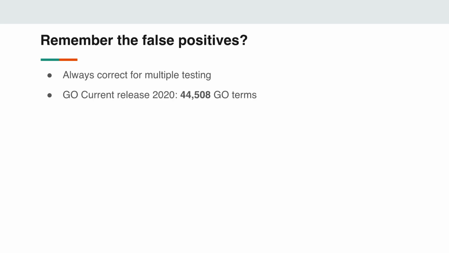So with the gene ontology database, for example, the current release includes 44,508 GO terms, and that is how many tests you're performing if you're comparing your one gene set to each of these pathways to detect any significant overlap. So don't forget that you should always do your thresholds on the adjusted p-values to avoid chasing false positives.